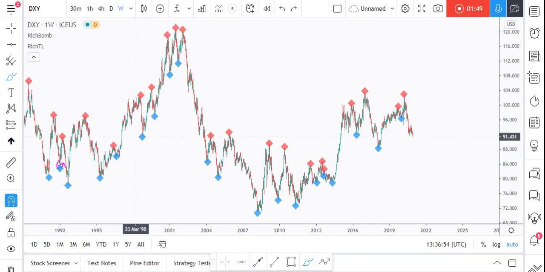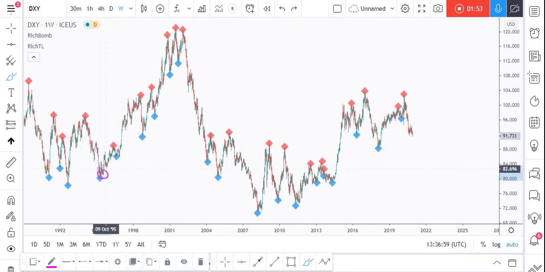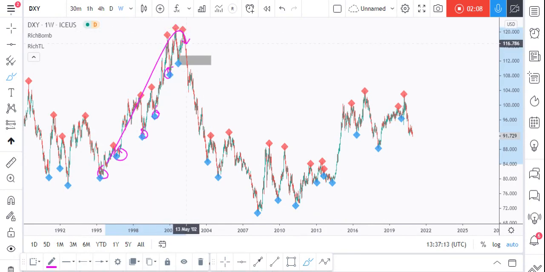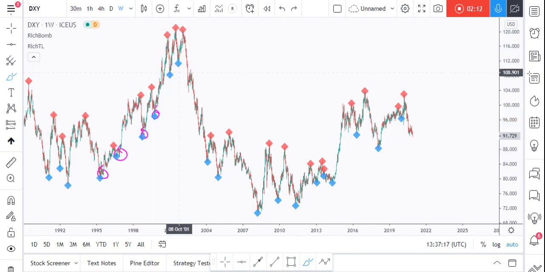Starting from here we are overall bullish, and as long as the last swing low isn't broken downward, it's making higher highs and higher lows, and starting from here the momentum is shifted from bullish to bearish after breaking below this low.